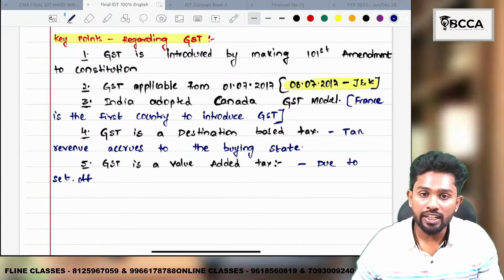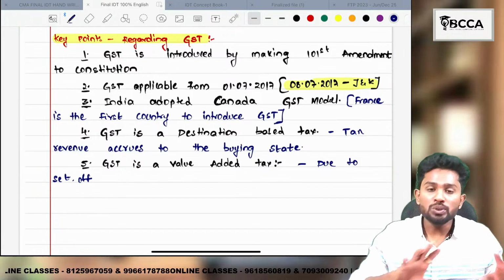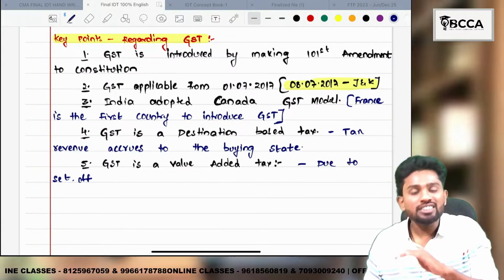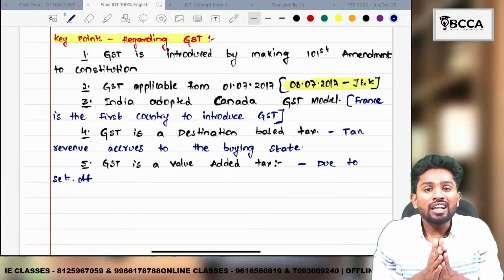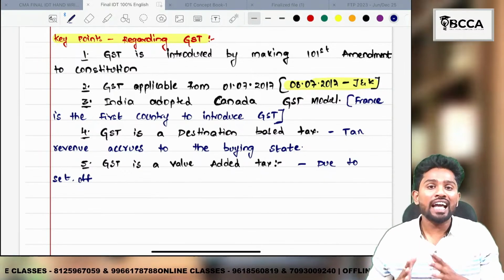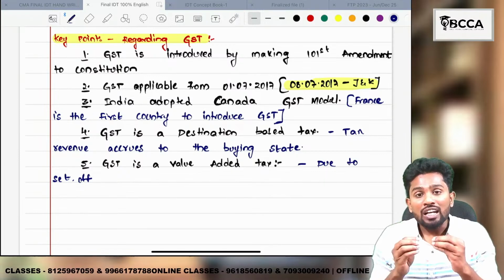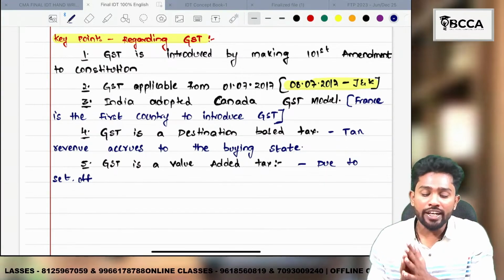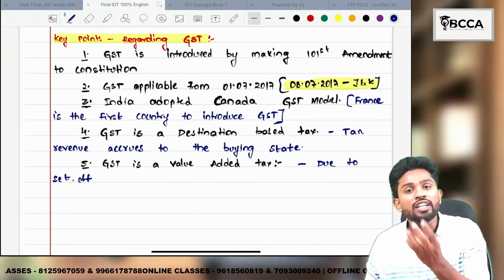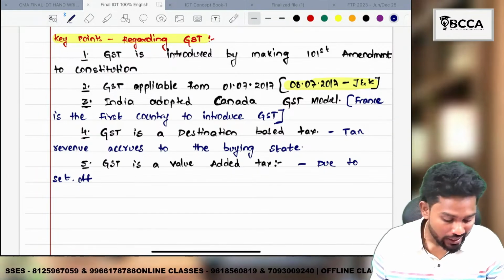Why value added tax? You know, in GST there is a concept of ITC. Due to ITC, at every stage, instead of taxing the whole amount, only the value addition will get taxed. Since the value addition alone gets taxed, GST is called as what? Value added tax.